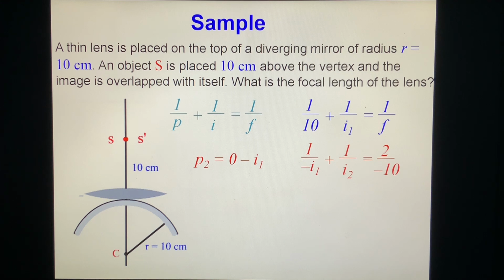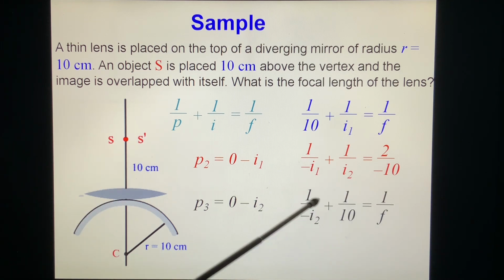And then we go back. When I go back to P3, the distance still D, 0 minus I2. Okay. And we know the S3 is 10. Okay, so you have this one, this is P3, this is I3, this is F. We don't know what's happening.